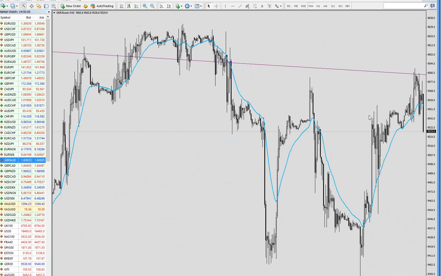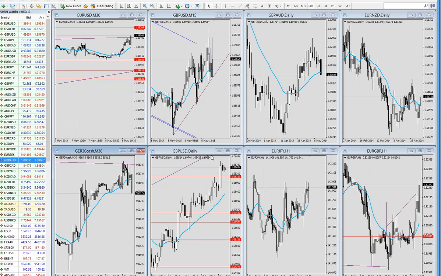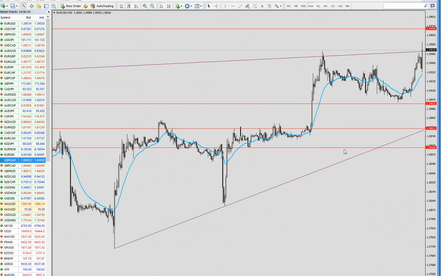Not good on DAX because we are going lower now, and I was expecting to short this stuff later, so not good. I'm not happy. Okay, so we may want to go this way.